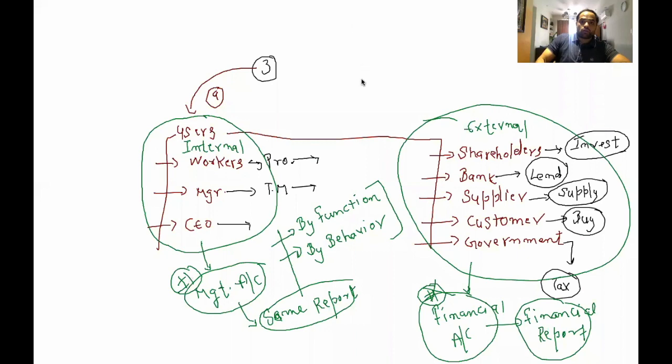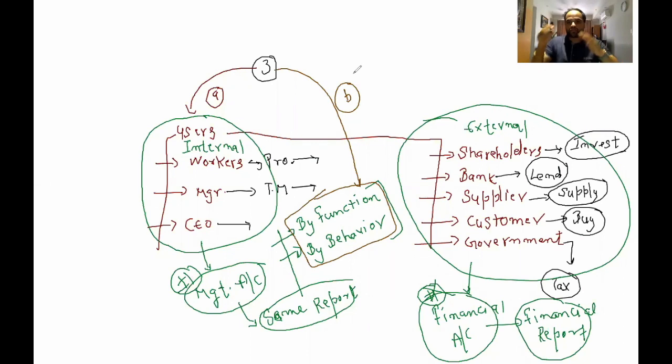So now, the question is how we prepare these two types of reports, what these two types of reports are, right? So that's what I'm going to explain. So this is 3B. That's 3B.